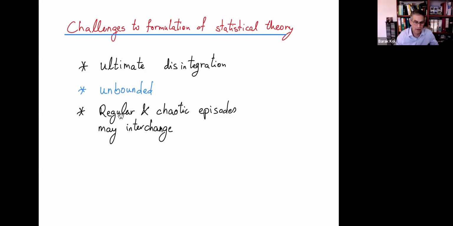And regular and chaotic episodes may interchange. That means that while the three are close to each other, they move chaotically. But if they separate for some time, then they move regularly. The two in the binary orbit each other, and the tertiary flies away.